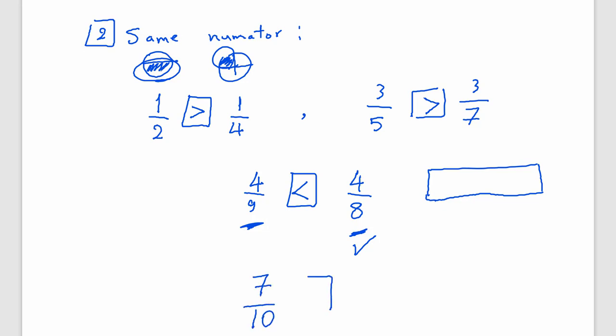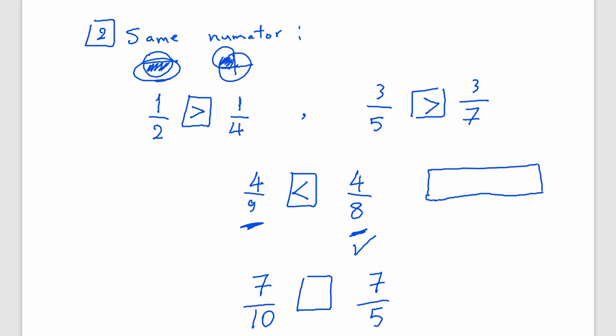7/10 and 7/5. Abdurrahman Anwar? Okay, Abdurrahman, which one is greater? In which one do we have greater parts, in the 10ths or the 5ths? Which one has bigger parts in size?